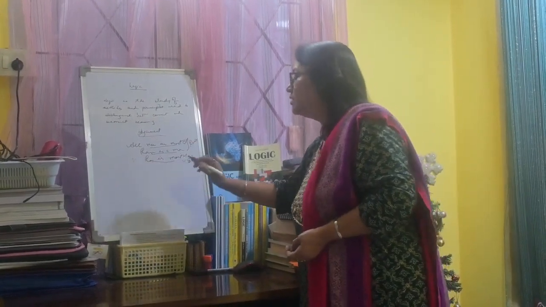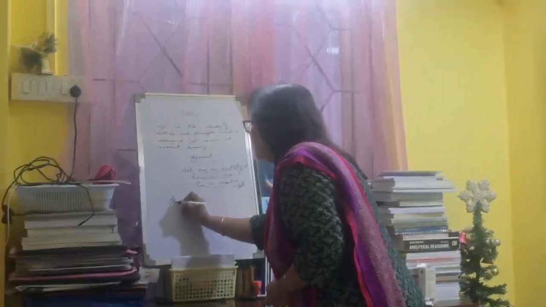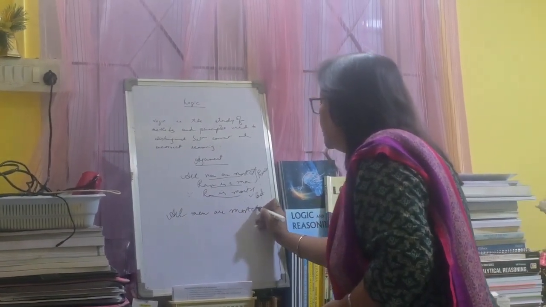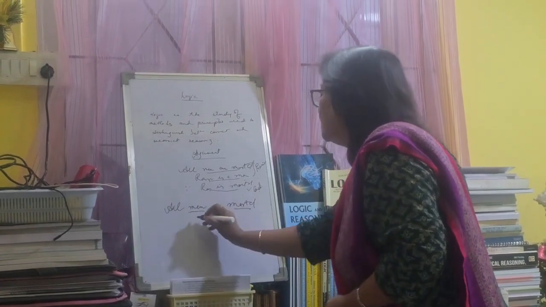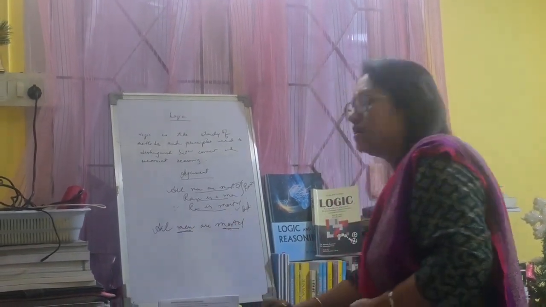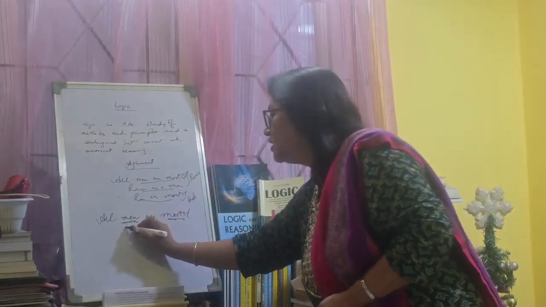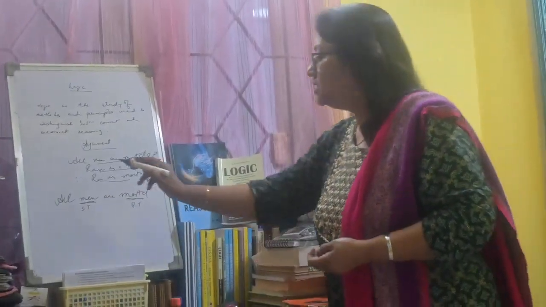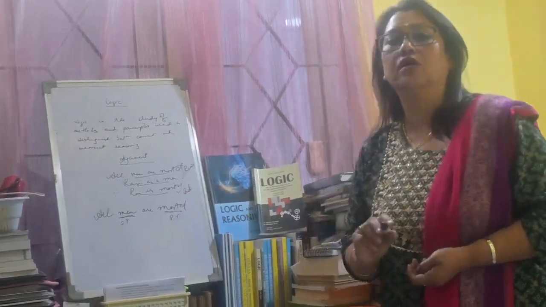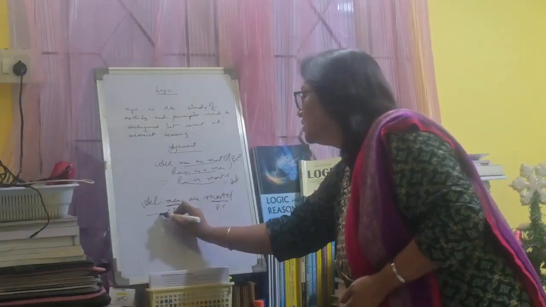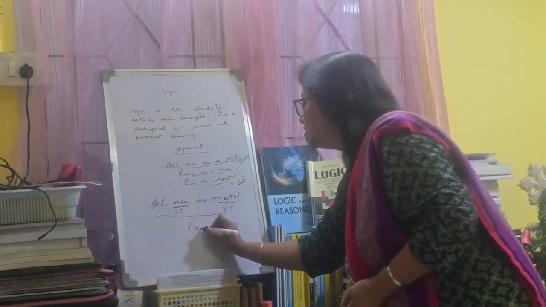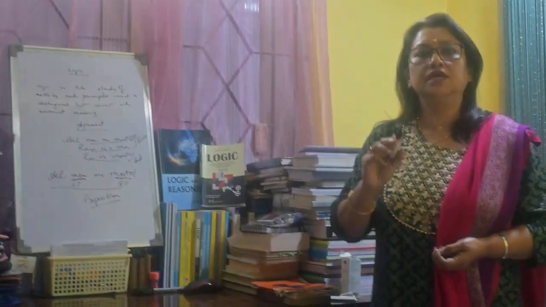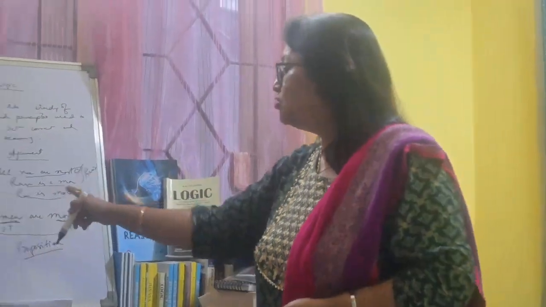So this type of example is called an argument. Here, if we write all men are mortal, these two are called terms. This one is the subject term and this one is the predicate term. This sentence is called a proposition. A proposition is the statement of a certain relation between two terms.